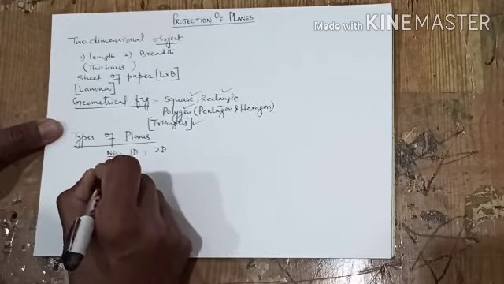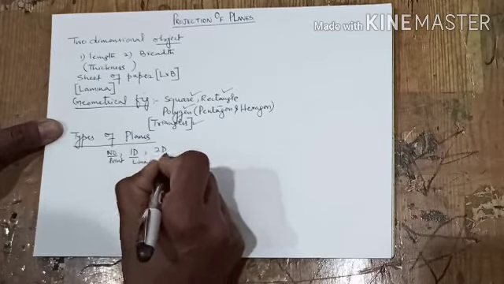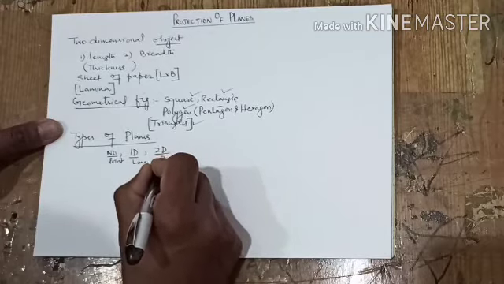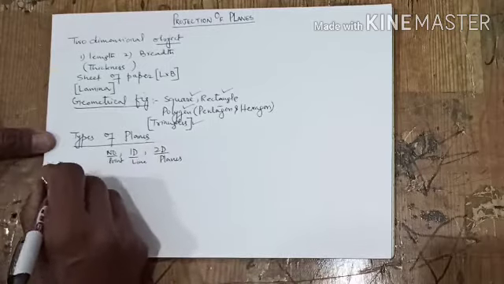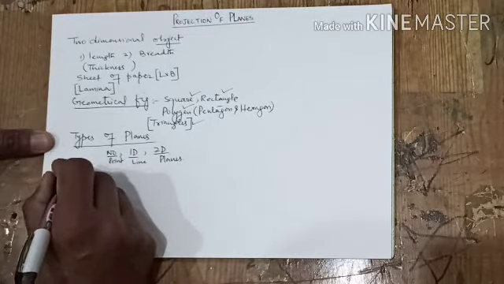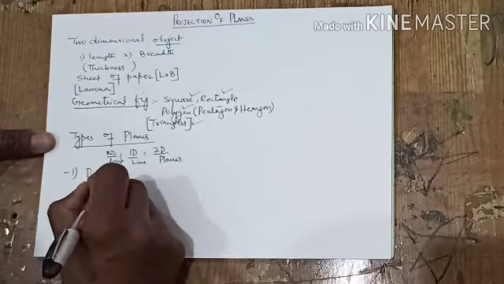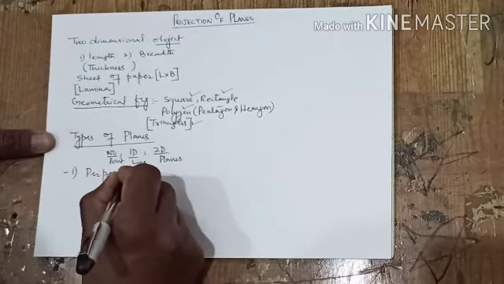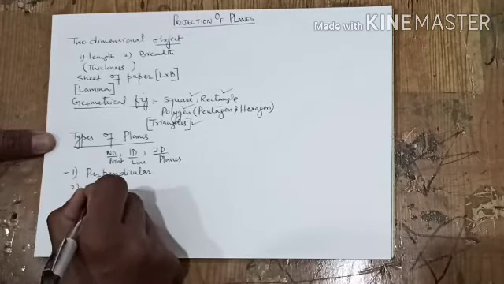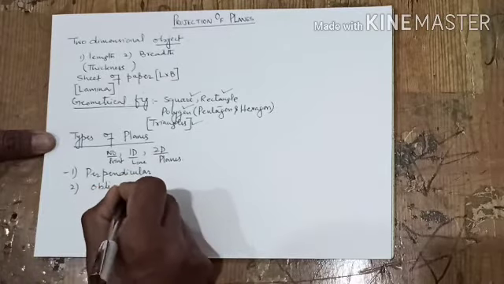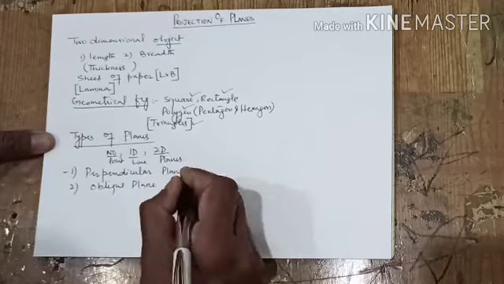No dimension was the point, 1D was the line, and now 2D is planes. There are basically two types of planes: number one, the perpendicular plane, and the second one, the oblique plane.